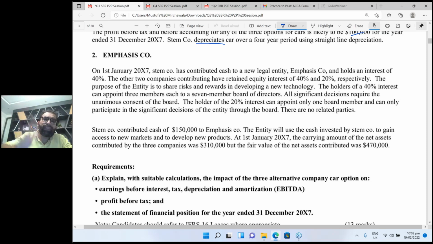But on the other hand, in a joint venture you create a separate entity, and the holdings are distributed through shares. That means investors hold shares. Investors do not directly own the assets, they own the shares.